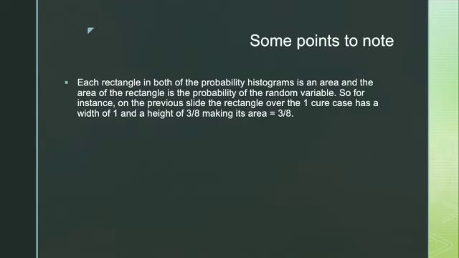Some things to keep in mind are that each rectangle in the probability histogram has an area equal to the probability of the random variable. So for instance, on our previous slide, the rectangle over the 1 head case had a width of 1 and a height of 1/2, making its area 1/2.